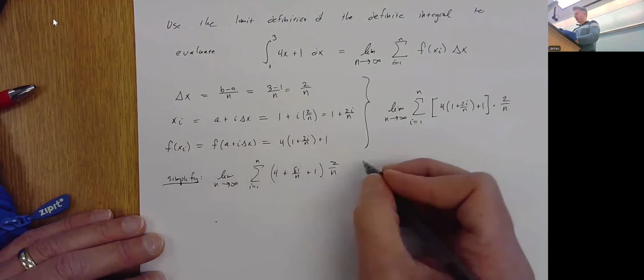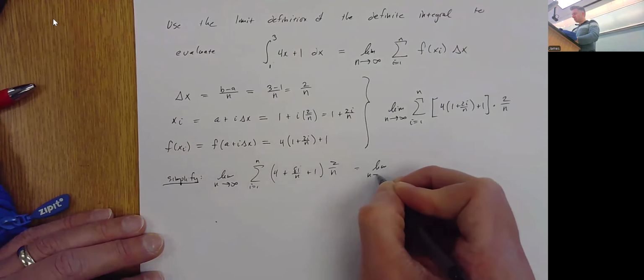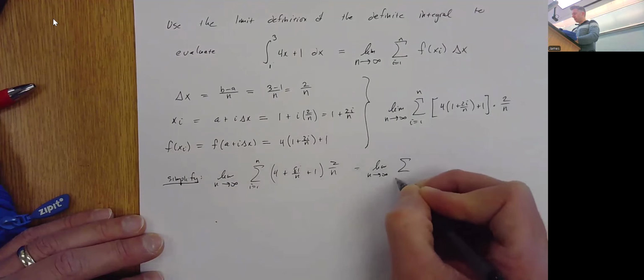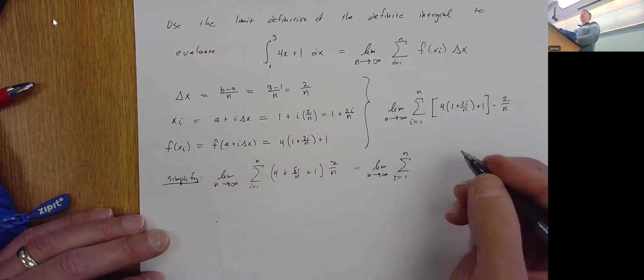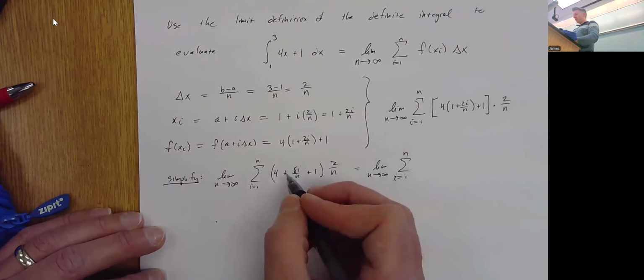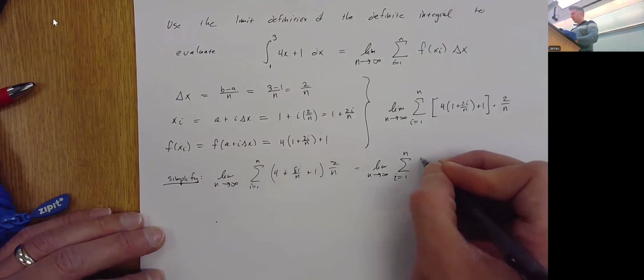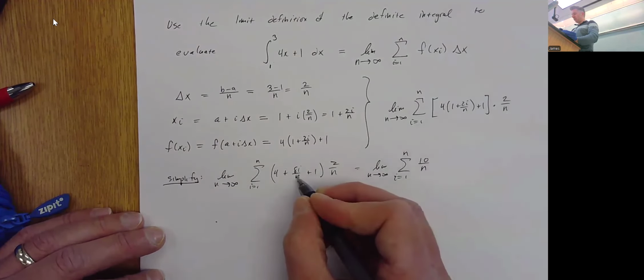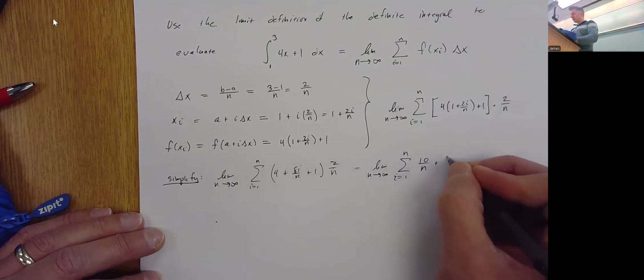4 plus 1 is 5. The limit as n goes to infinity of the sum from i equals 1 to n. It's a pain to write that every time, but you kind of have to write it every time. 5 times 2 over n is 10 over n. And 8i over n times 2 over n is 16i over n squared.